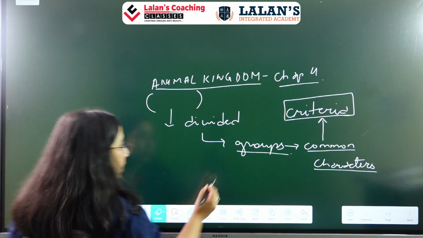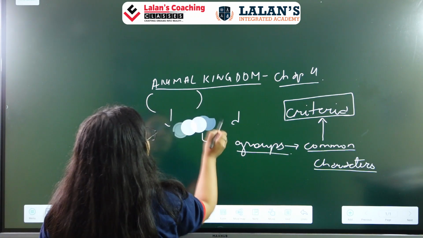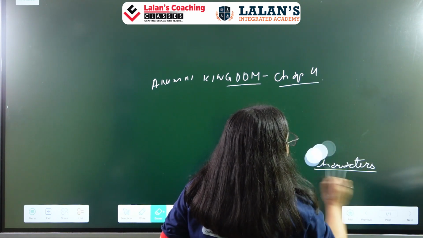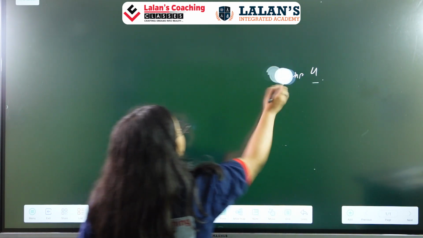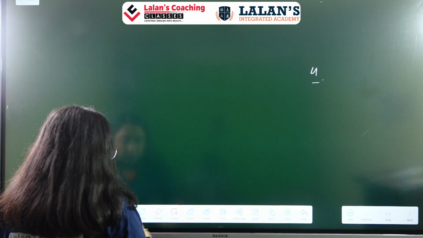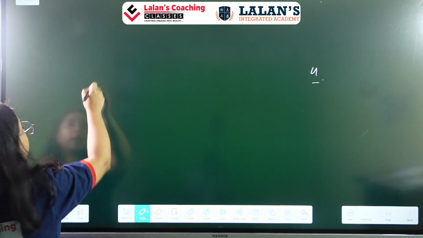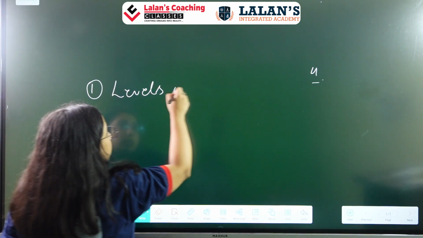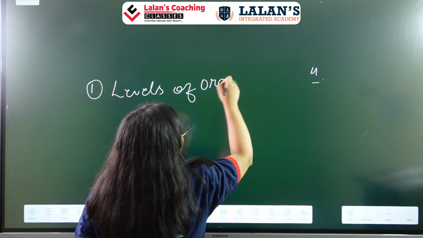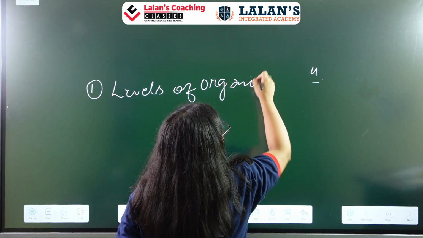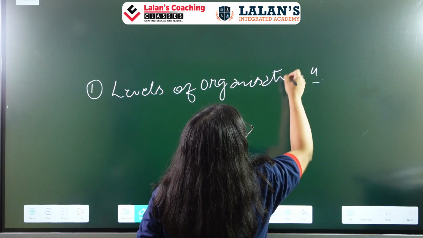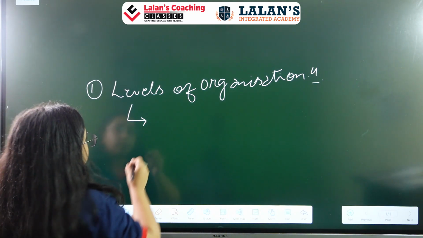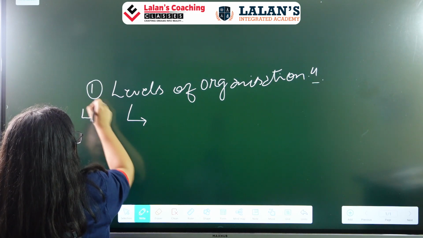When we come to characters, getting into the criteria of it, the first criteria we have is called levels of organization. We have 3 levels of organization, or to be more specific, we have 4 levels of organization.